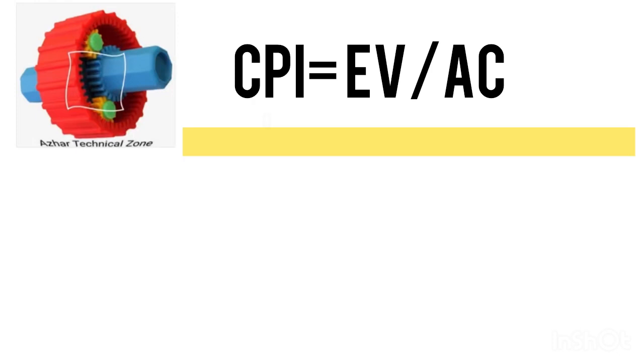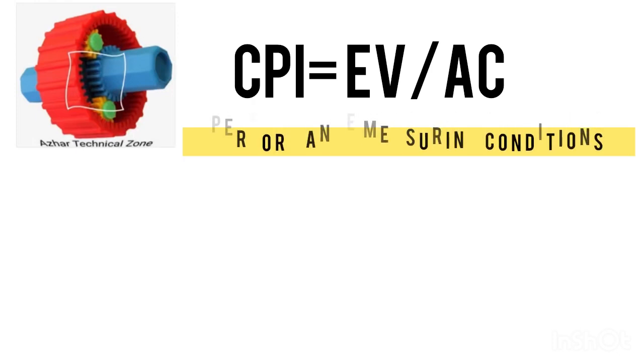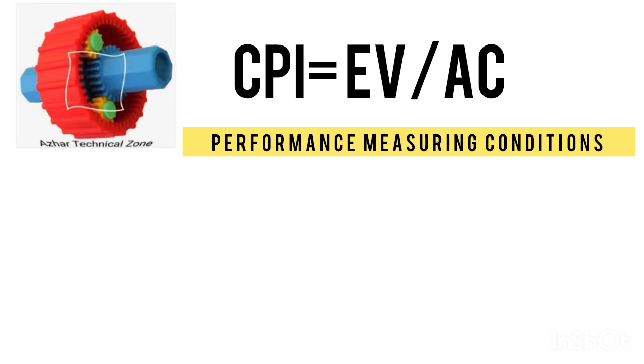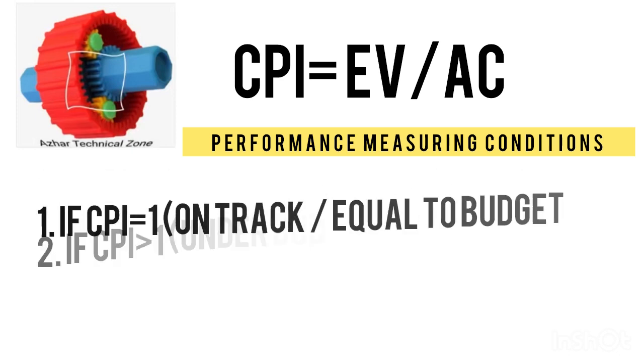So in this also there are 3 conditions to check the performance and efficiency of the project, and it will give us a clear perception of what we can do further. So we will see the first condition.